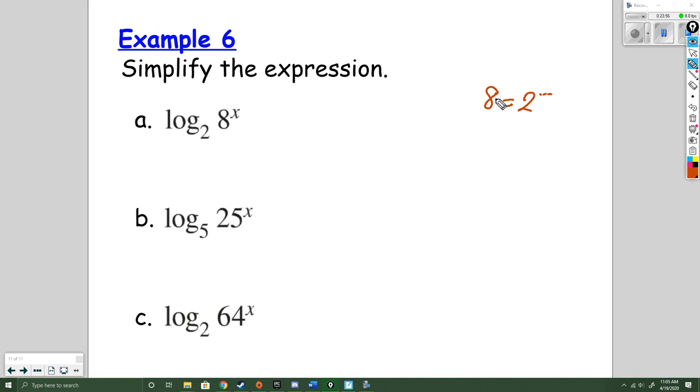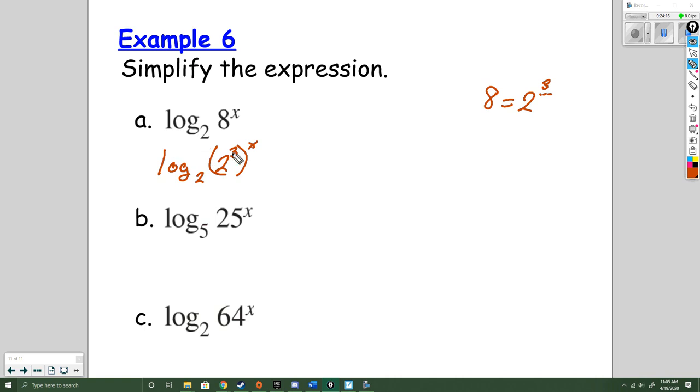So 2 to what power is 8? Well, that's just 3. So we could rewrite 8 as 2 to the 3rd power, so log base 2 of 2 to the 3rd power, to the x power.